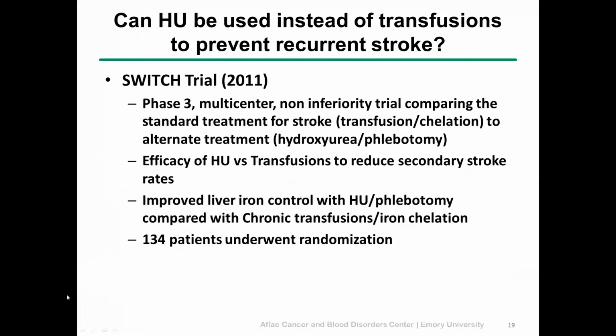Just like these other studies, they could only be done if patients and families volunteered to participate in the research. In this study, 134 children who had a previous stroke and were on chronic transfusions to prevent another stroke entered the trial because they and their parents volunteered to be part of this clinical research.